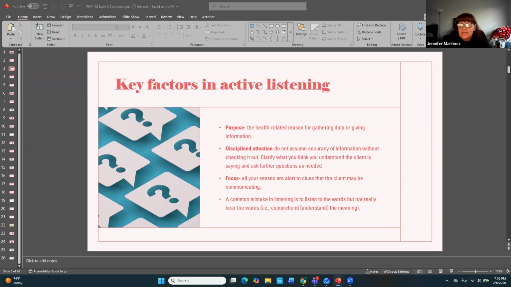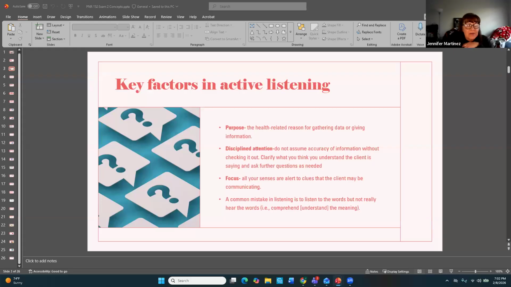So some of the key factors in active listening, right? The purpose of the communication, the health related reason for gathering data or giving information. Why are we having the interaction? Disciplined attention. So, really focusing in when you're having that conversation with your client.